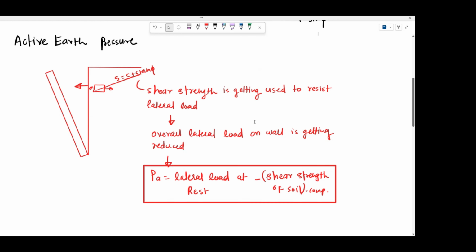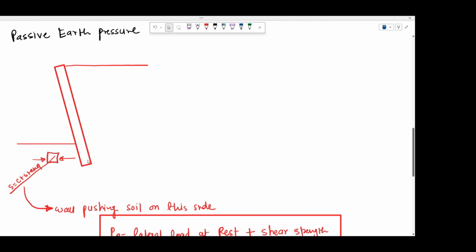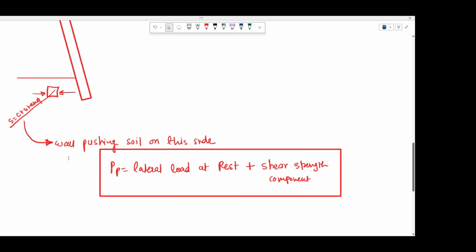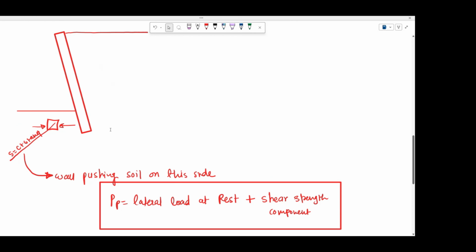Now let's talk about the passive earth pressure. Because of the wall's movement, the soil on the other side will have some compressive stresses, because the wall is pushing the soil on this side. Because of this push, the shear strength of the soil is getting utilized to push back on the wall. As we have seen in the active case, the soil was helping to reduce the pressure on the wall.